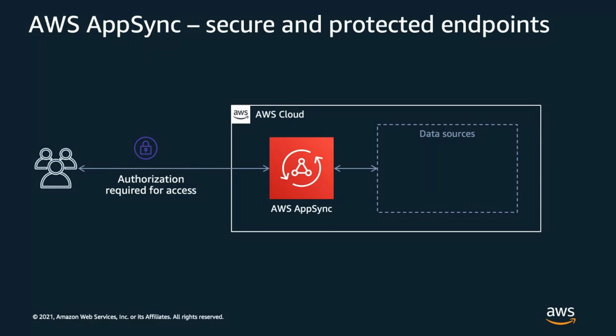So API endpoints are publicly reachable. But while the API endpoints are publicly reachable, they never allow unauthorized access. A method of authorization, a token in the request header, or for example, signing the request itself with AWS credentials, is always required to access your AppSync API.